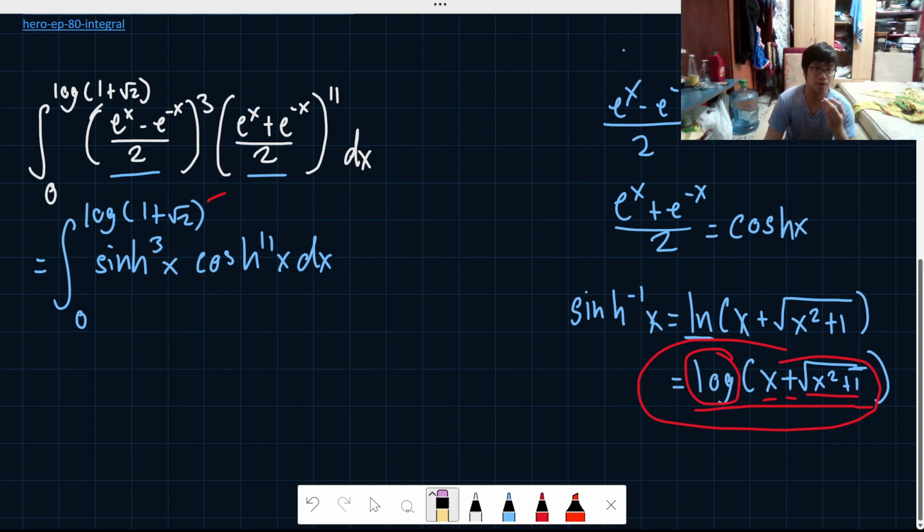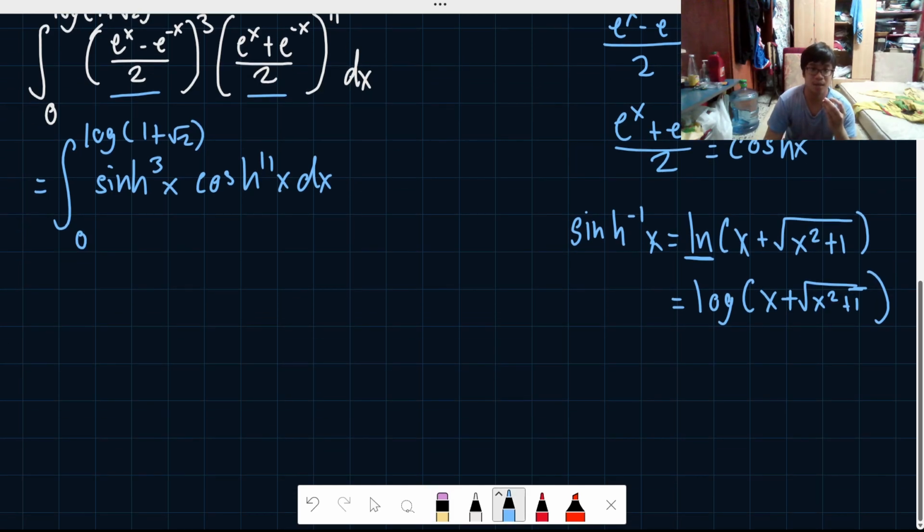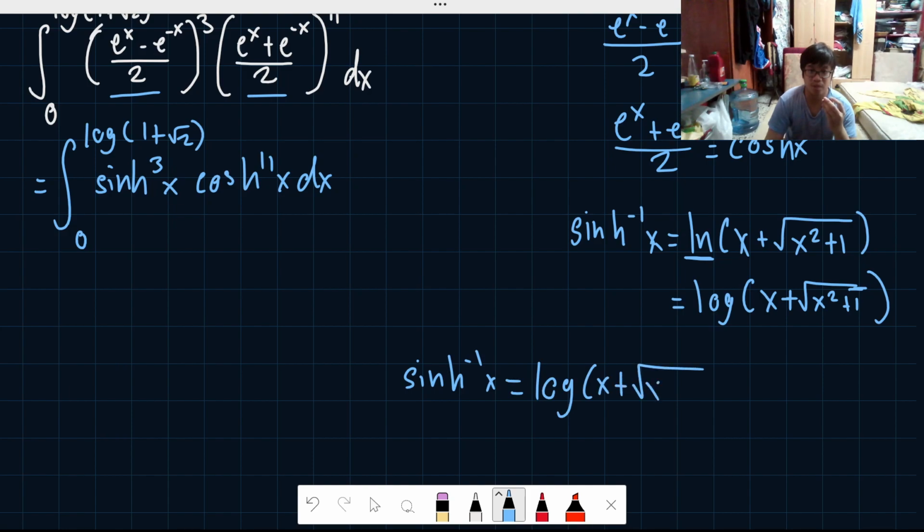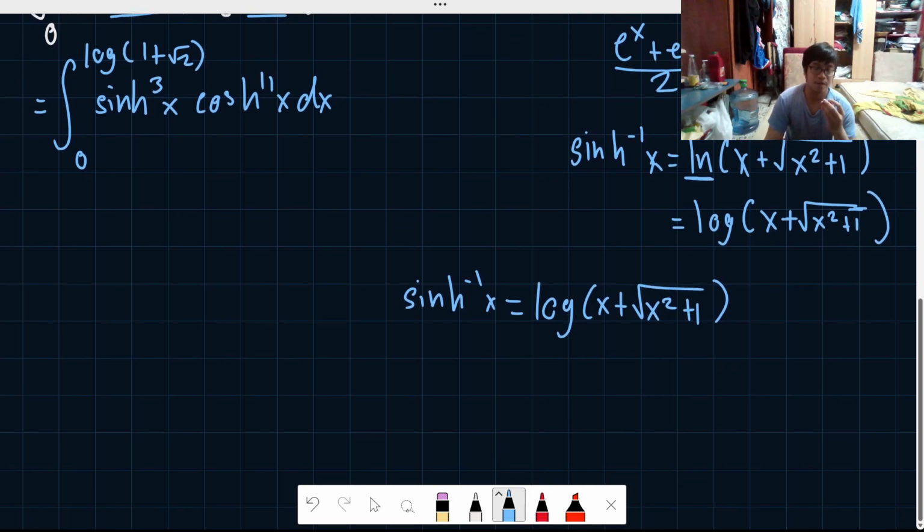So first, let me copy the fact that inverse hyperbolic sine of x is the same as log of x plus square root of x squared plus 1. Now, here's the thing. What I can do is substitute x as 1.